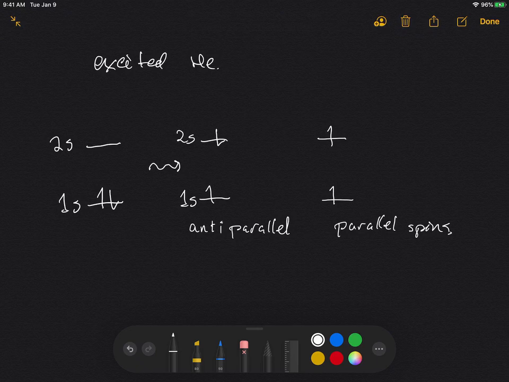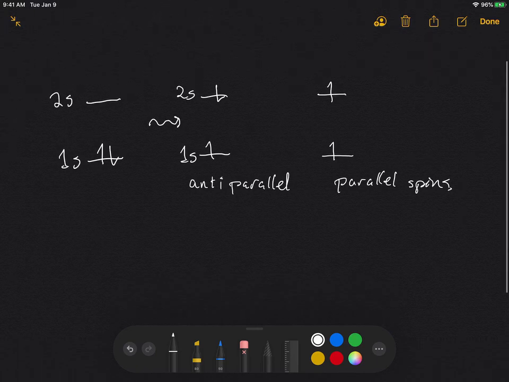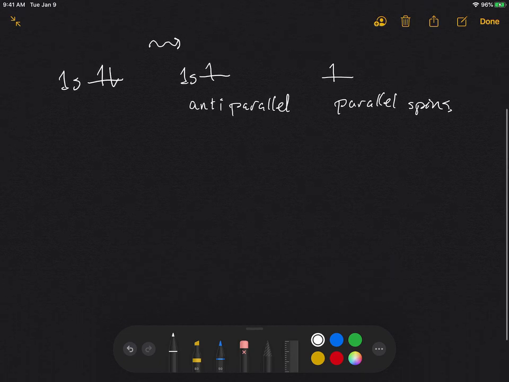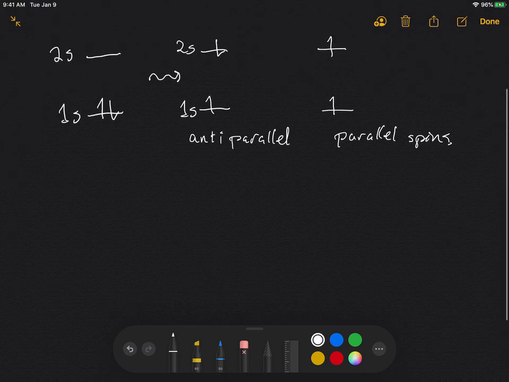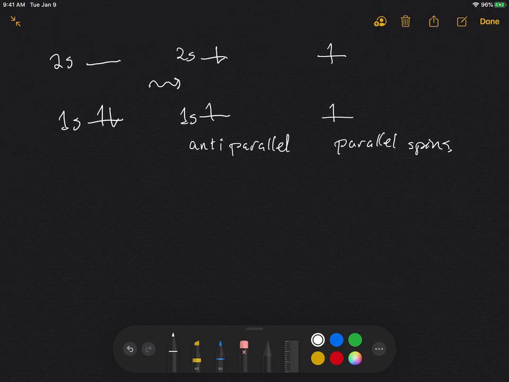And so these are essentially the two basic cases that we'll want to look at for excited helium. There's the case where the spins are anti-parallel, and there's the case where the spins are parallel.